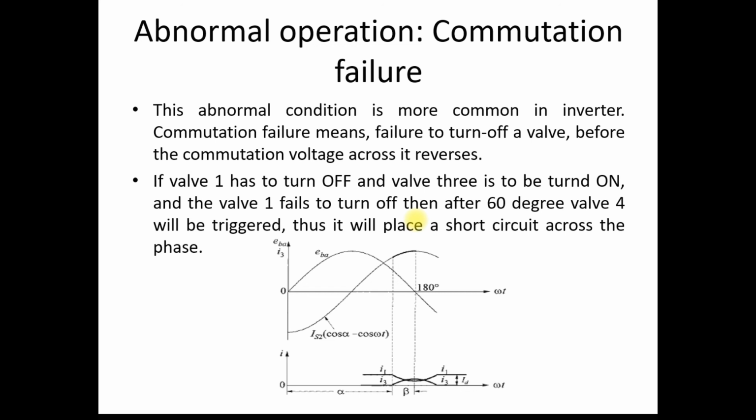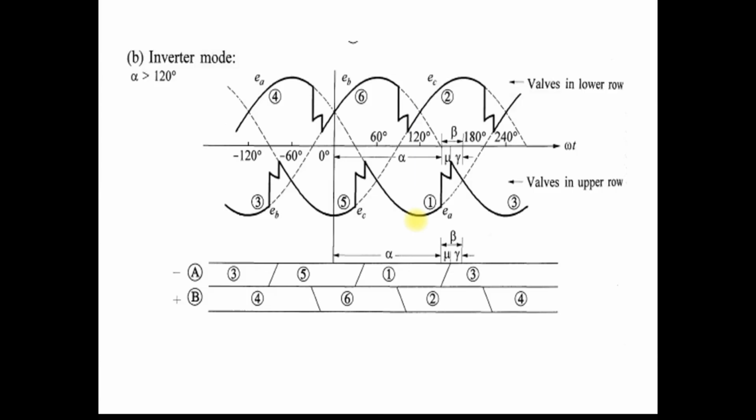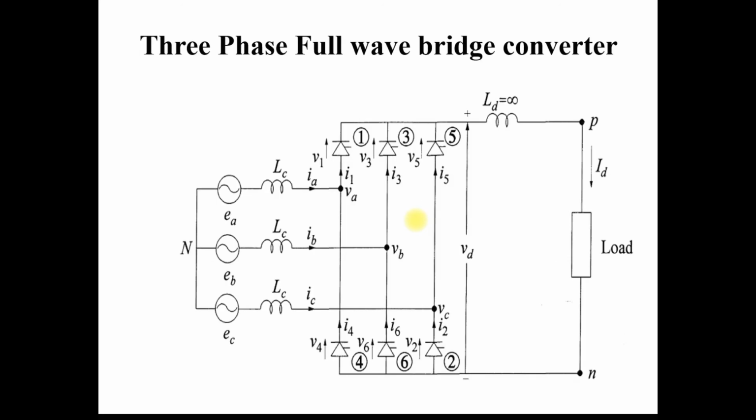To avoid damage from this short circuit, we provide the converter transformer with high withstand capacity. So the cost of the converter transformer increases, and the valve rating also increases because we provide high withstand capacity for the thyristor valve. So to avoid these commutation failures, we provide proper insulation to the converter transformer as well as high rating of the valves.